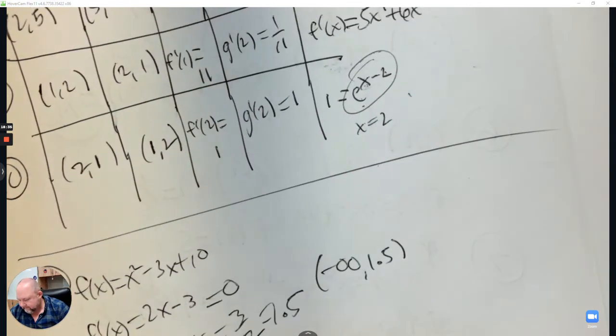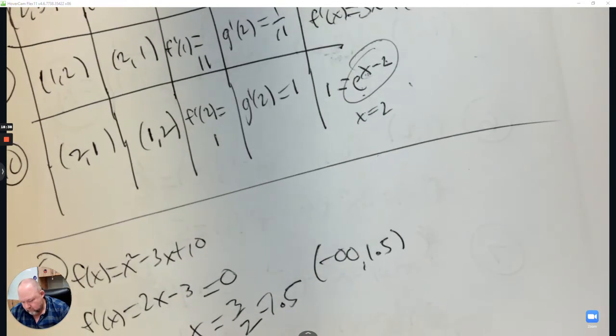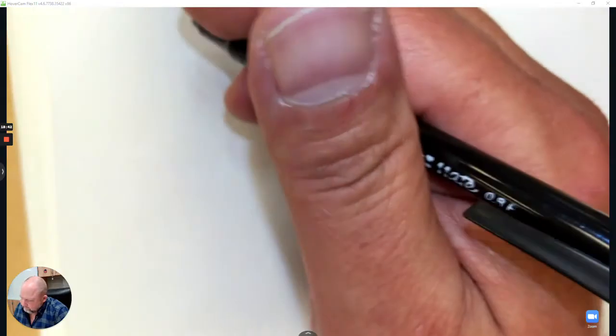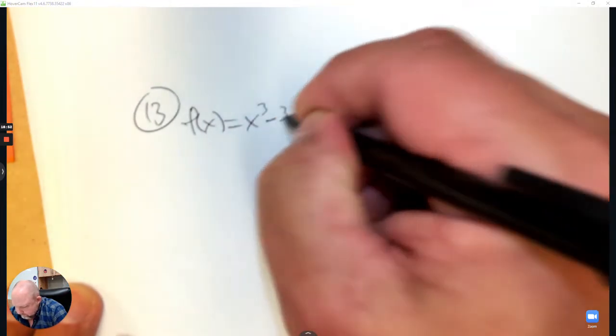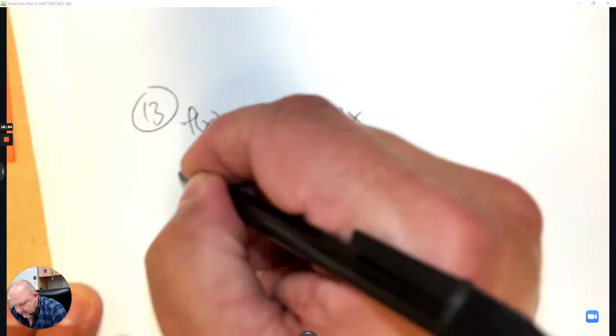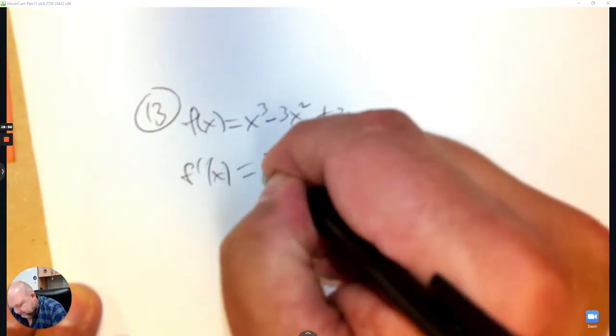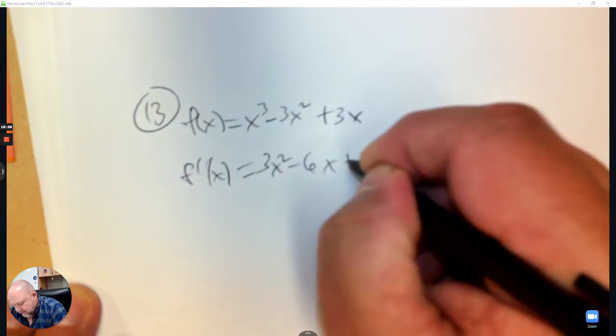What number are we at? 13. In number 13, take the derivative equal to 0.